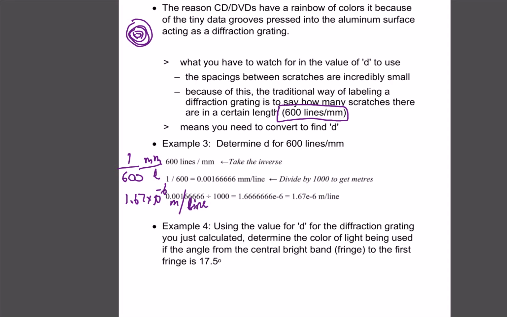So this last example, we've got saying what is the value of D, or using the value of D, determine the color. So we've got wavelength. So we'd have D sine theta over N. So we just calculated the D, 1.67 × 10^-6. Our angle is 17.5 degrees, so sine 17.5, and we're doing the first fringe, so we just divide by 1.